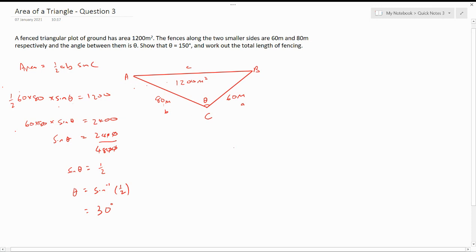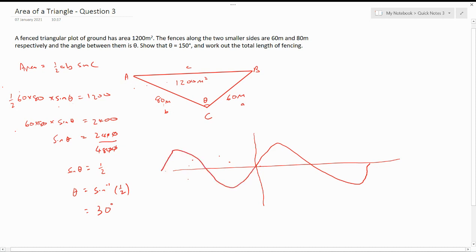It's more than 90. So what we need to do is sketch our sine curve. Now you have done this previously, and I apologize for sketching on here. It's all freehand. So sine curve, if you recall, looks something like this. And if we go negative as well, I can't see where the pen starts. There it is. Doing this on the laptop is not the most efficient. So that's our sine curve.